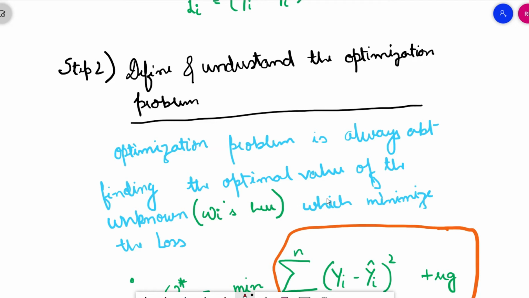So ultimately, what is the target of a machine learning model or an AI model? It's about minimizing the loss. And how do you minimize the loss? You cannot minimize the loss by changing the values that you have already been given, that is the values coming in from your data set. So what is your target? Your target is to optimize the unknowns involved in your model, which is predicting the target value.